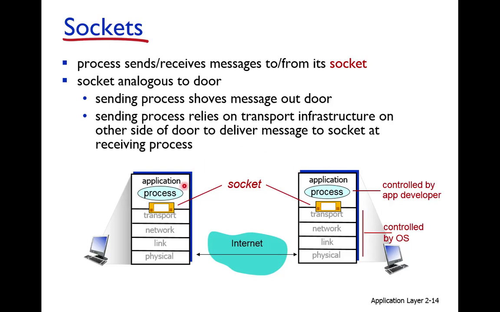So the socket API that is provided by the operating system, this library, is used for the communication between two processes that are running on different end hosts. But the socket can also be used for the communication between two processes running on the same host. But usually it is used for the communication between two processes that are running on different hosts.